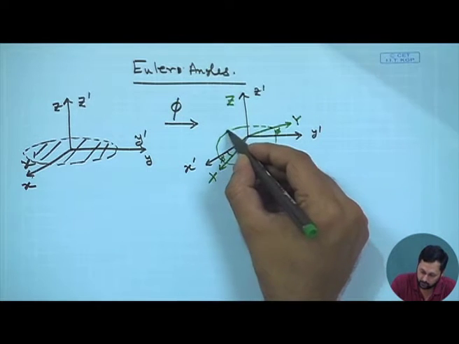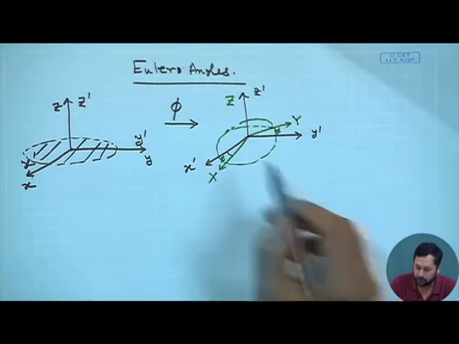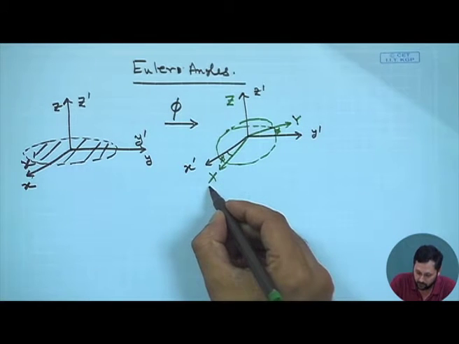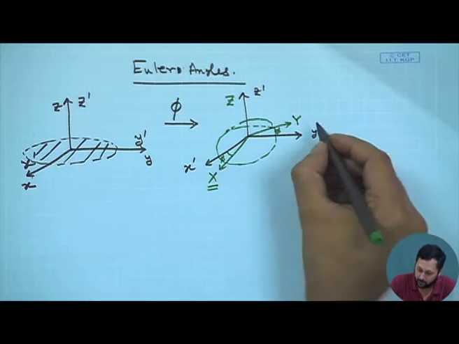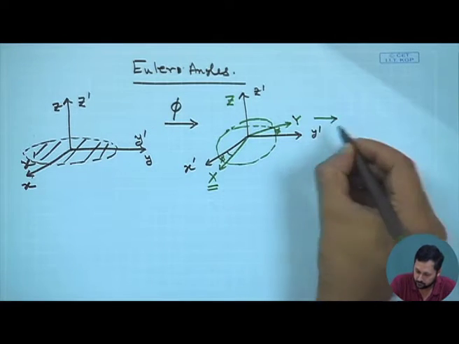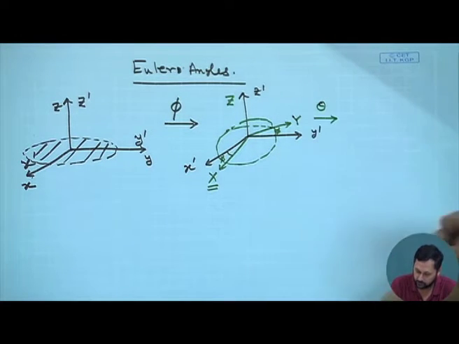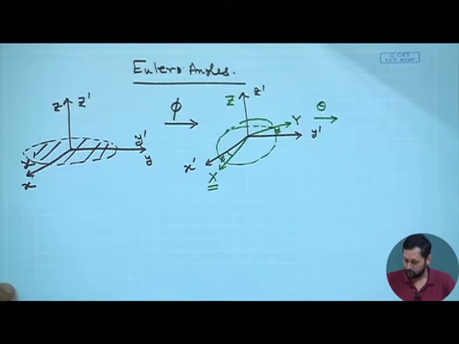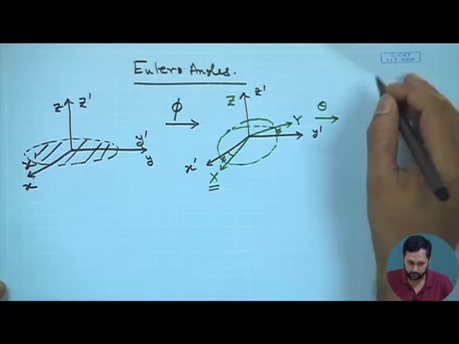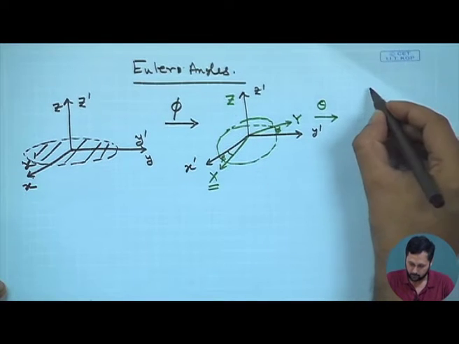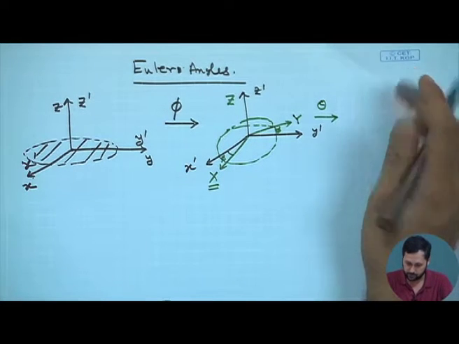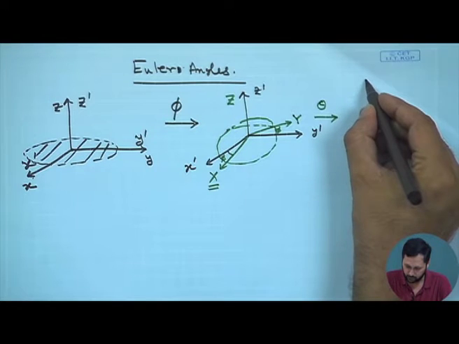Next, we rotate this object around this new x axis by an angle theta. So, if I now try to draw this, what is the best way of drawing it? Let us try this out and see.